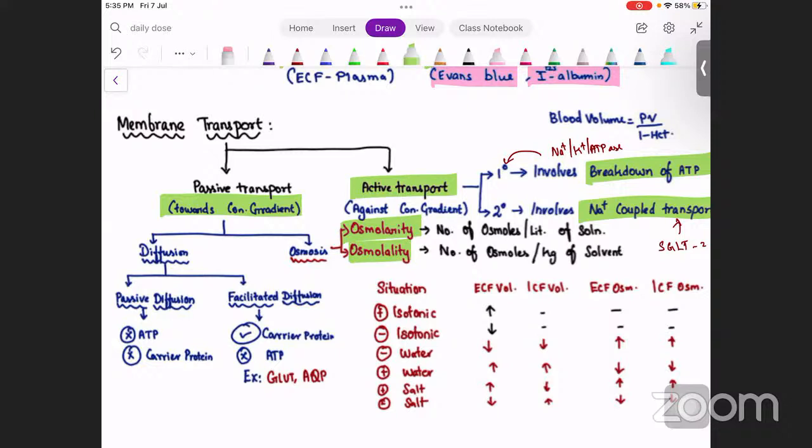Osmolarity means number of osmoles per liter of solution, while osmolality is number of osmoles per kg of solvent. Number of osmoles per kg of solvent is osmolality, while number of osmoles per liter of solution is osmolarity.